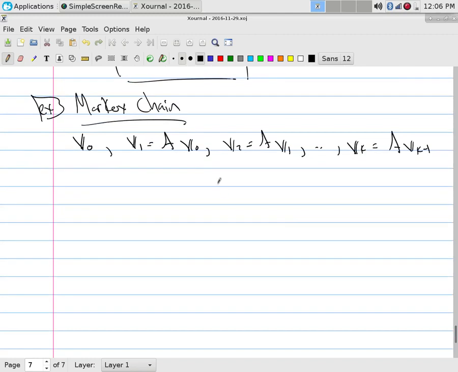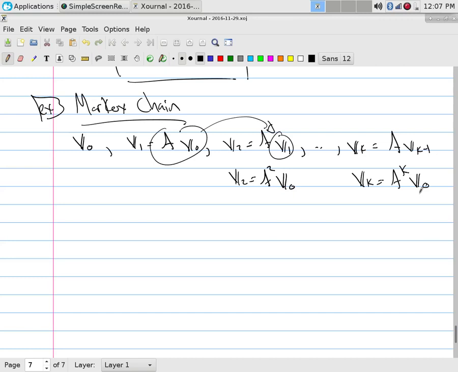But if I look at this, A times vector 1 is really A squared times vector 0, right? Because I could take V1 and replace it by that, and that becomes AA, and that becomes A squared, which means vector k becomes A^k vector 0.